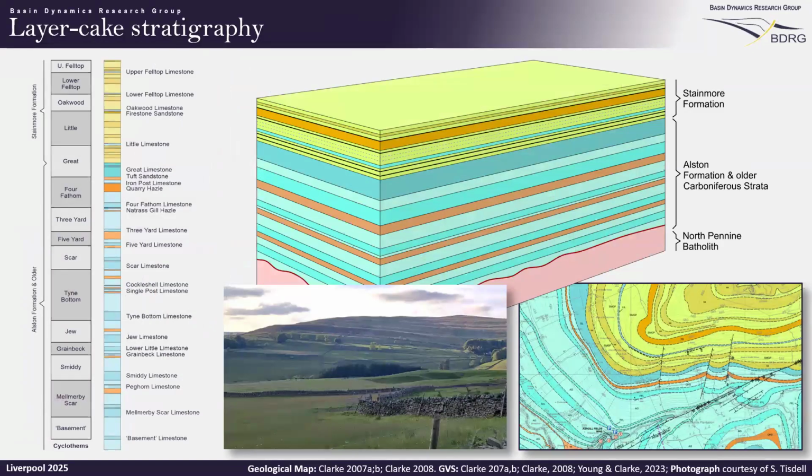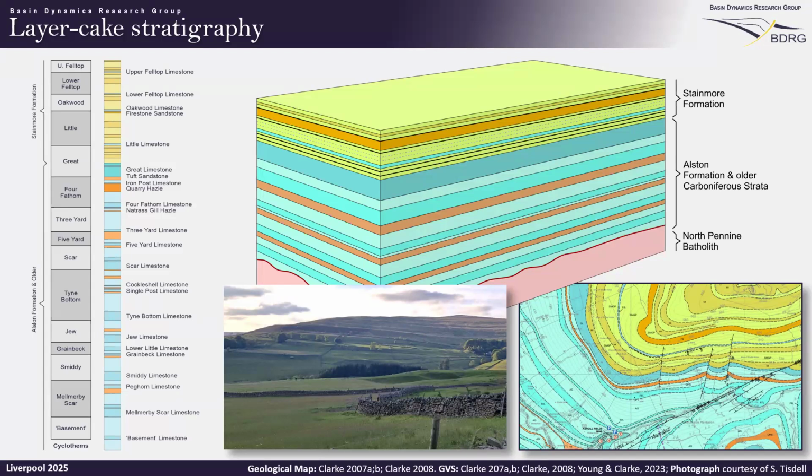There's the same succession over here on the left now. I think it's fair to say that because this Yoredale-type approach has been entrenched in the literature and in geologists' thinking from the north of England for a good many years, when we think about the Carboniferous of the north of England we tend to think of essentially layer cake stratigraphy. This is very cartoony again, but you'll get the point, and we're going to come back to it at the end.